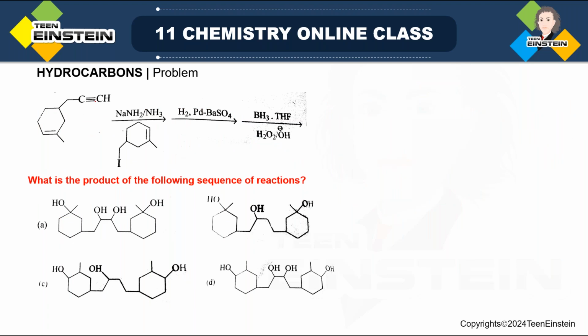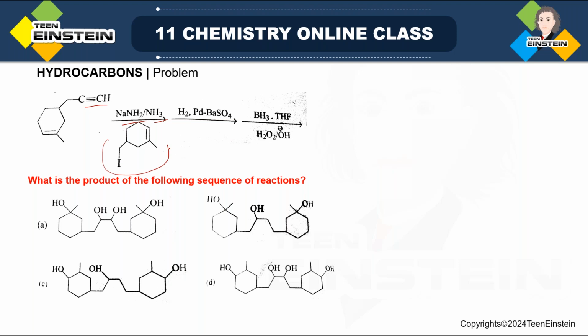The starting substrate has a C≡C triple bond and also a C=C double bond. There is a combination of 3 reagents, total 3 arrows. But first look at the first reagent. It is using sodium amide in the presence of liquid ammonia. And there is also an iodide containing compound.